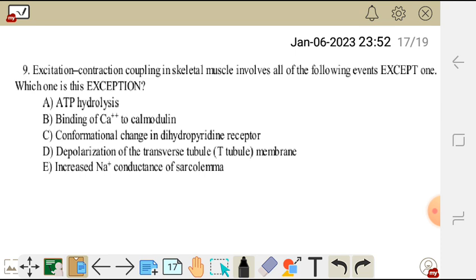E, increase the sodium conductance of sarcolemma. So the exception is binding of calcium to calmodulin. Calcium, when it is released, binds to troponin C, not calmodulin. So this is incorrect. So the correct answer is the exception is B.